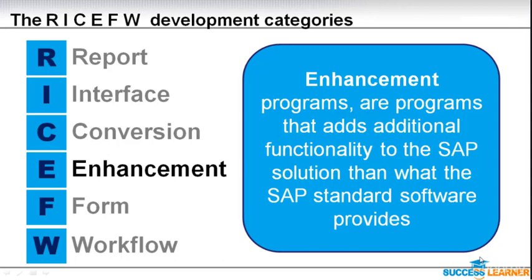This is a program that could, for example, be running in the background automating certain steps in the SAP process that are otherwise done manually by the users, and in this case it's automated, or it could be that it's doing certain logical checks so that you only allow certain transactions if certain logic is fulfilled, or even it can be that it pre-fills some fields, again, based on some logic. So these are functionalities that SAP does not have, and therefore you need a customized program.